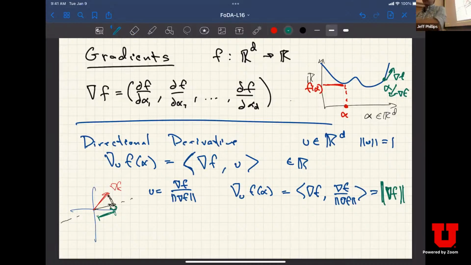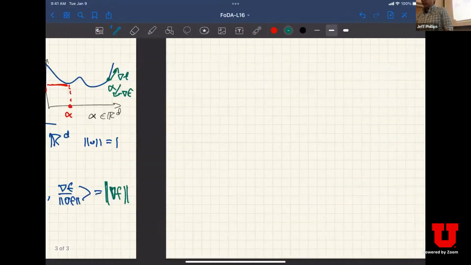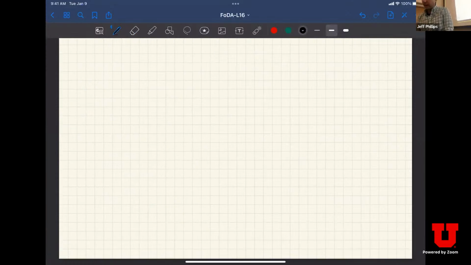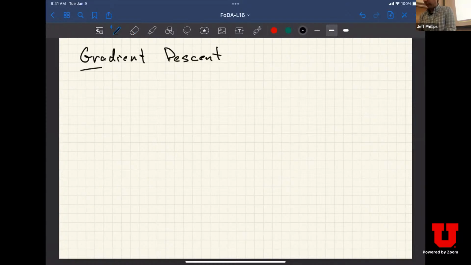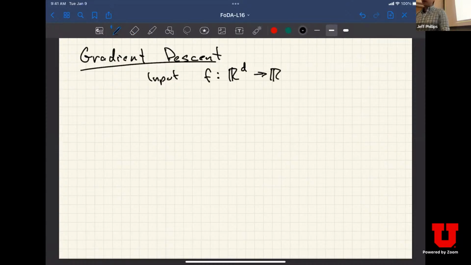All right, so let's formalize this now and talk about gradient descent as the algorithm. The input here is going to be a function that goes from R d to R. There are sometimes two ways of stating the goal.